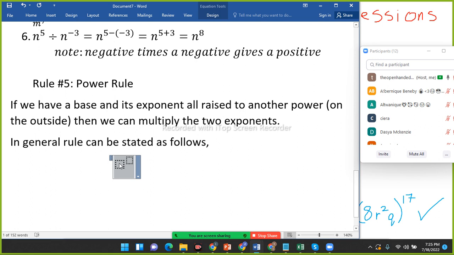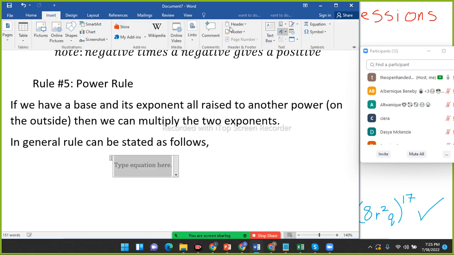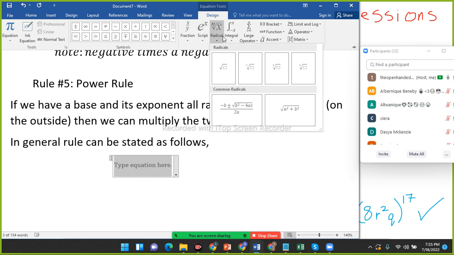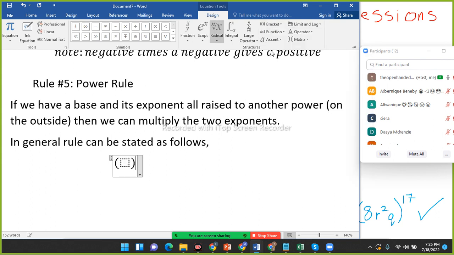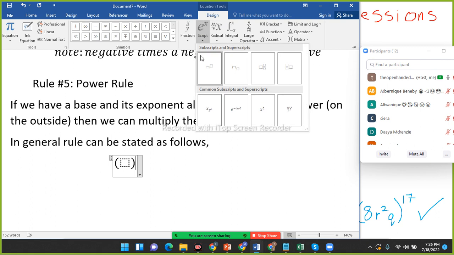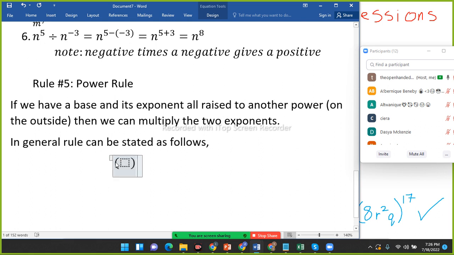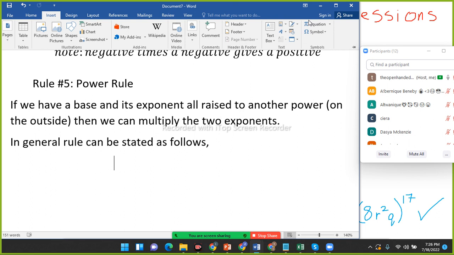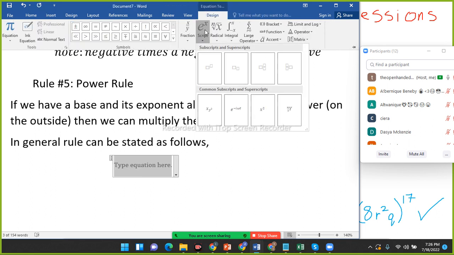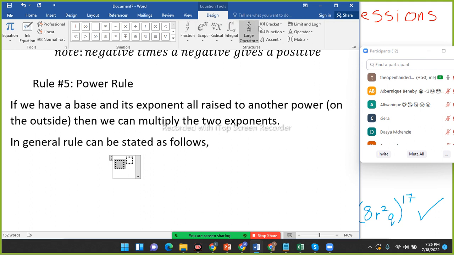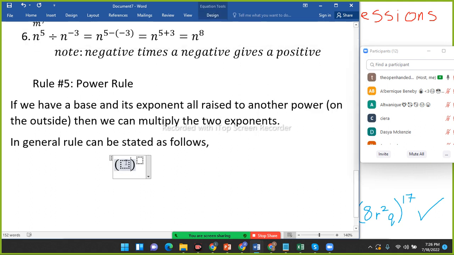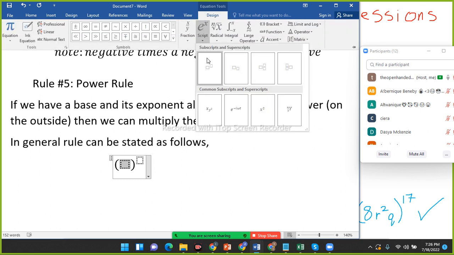So we need a bracket in here, and in here we need another exponent.